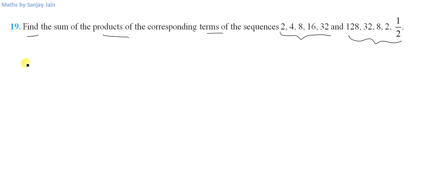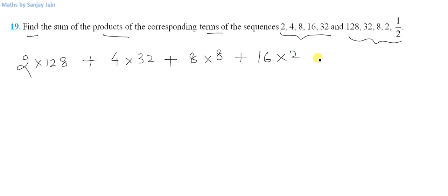So what we need to find is 2 into 128 plus 4 into 32 plus 8 into 8 plus 16 into 2 plus 32 into 1 by 2.